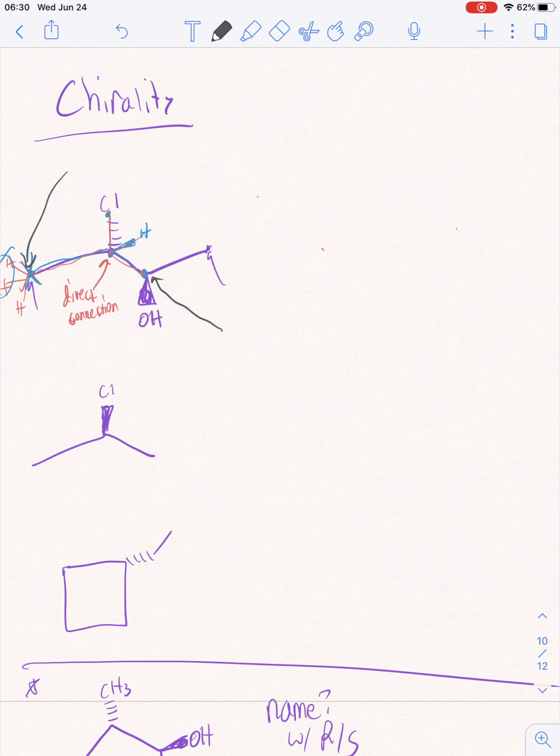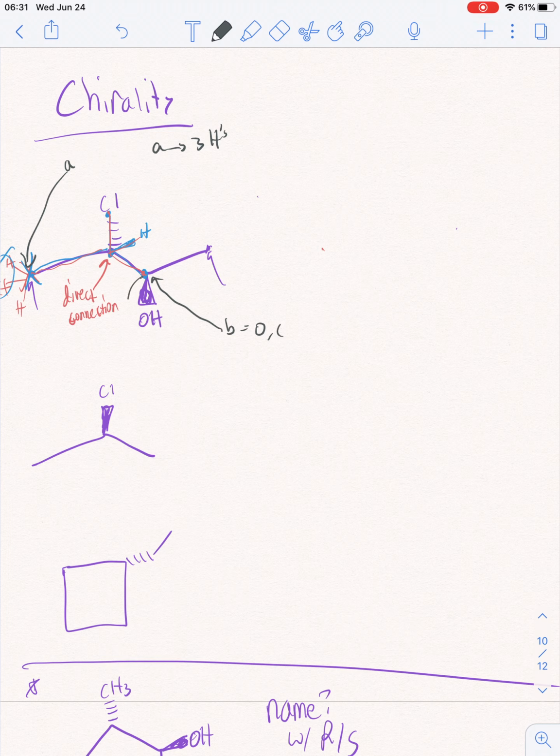Now we have to figure out what's attached to these carbons that can possibly break our tie. Let's say carbon A and carbon B. On carbon A, we have three hydrogens. Carbon B is directly connected to an oxygen and another carbon.